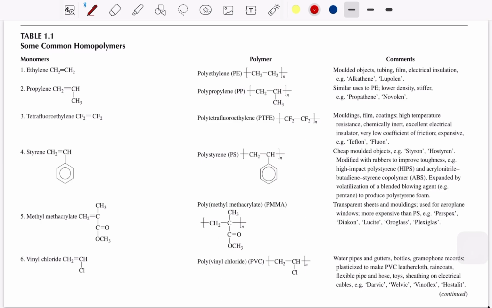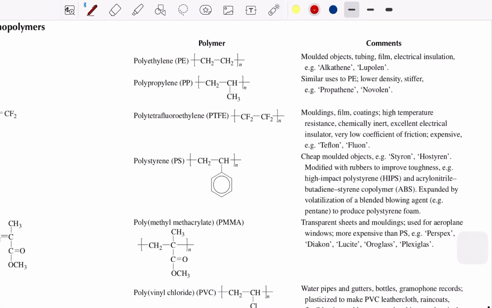And polypropylene is stiffer. That's why it's useful for plastic bottles. And tetrafluoroethylene, the PTFE, is for coatings for cooking, right? Teflon, because it has low friction.